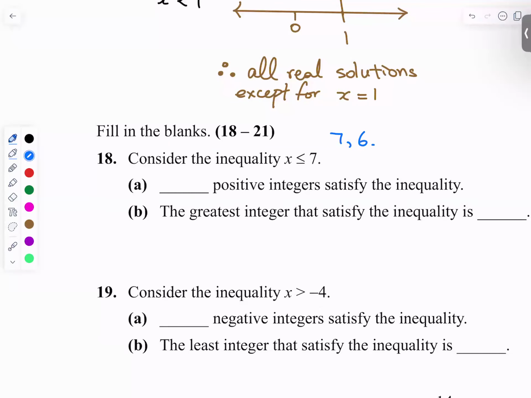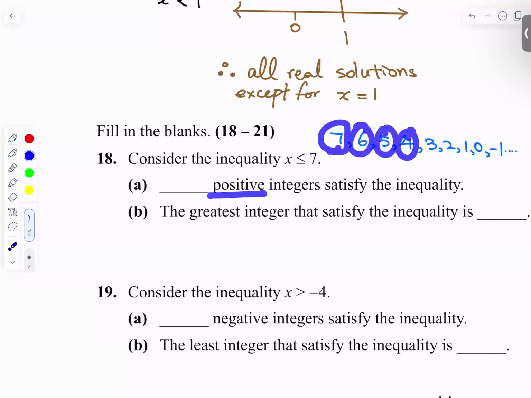Yes. 6, 5, 4, 3, 2, 1, 0, -1, and so on. Between all these numbers, how many of them are positive numbers?